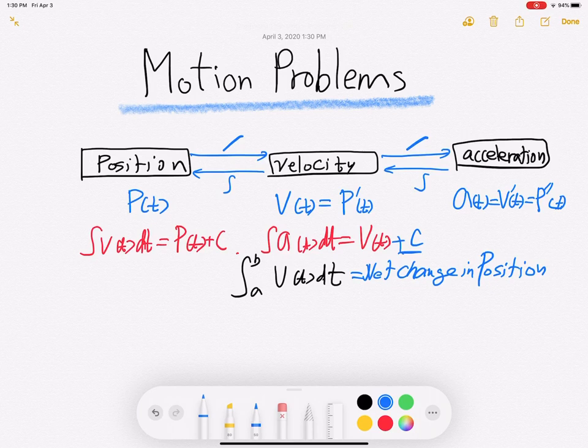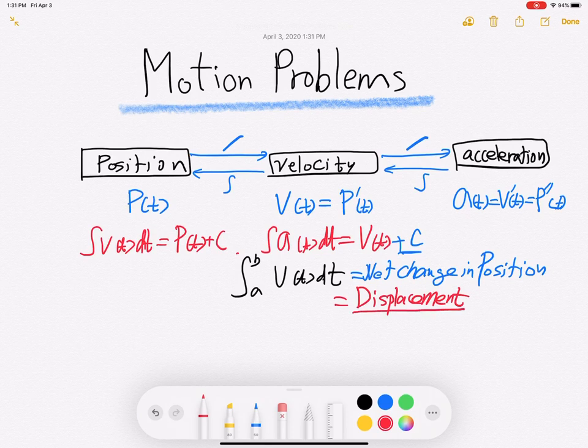The integral from a to b of any rate dt means the net change in the original function. In other words, we call this displacement, displacement from t equals a to t equals b.